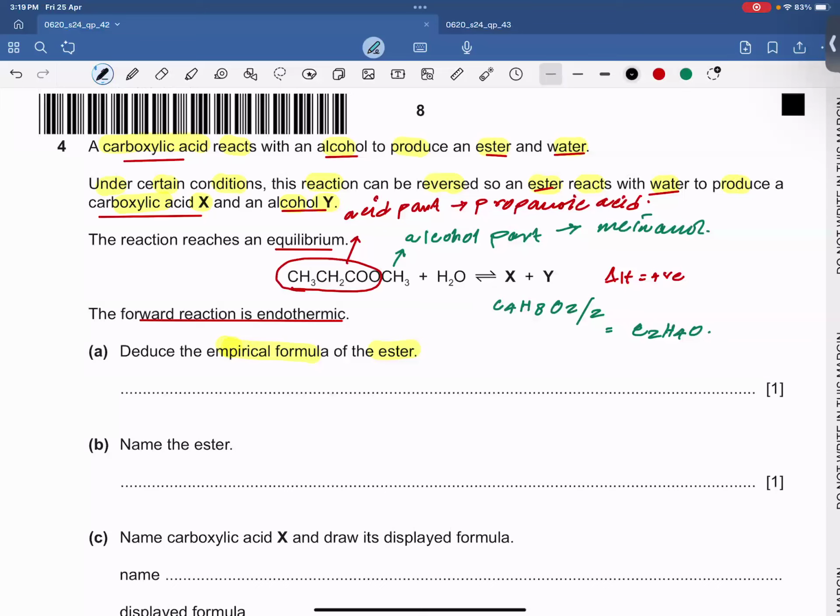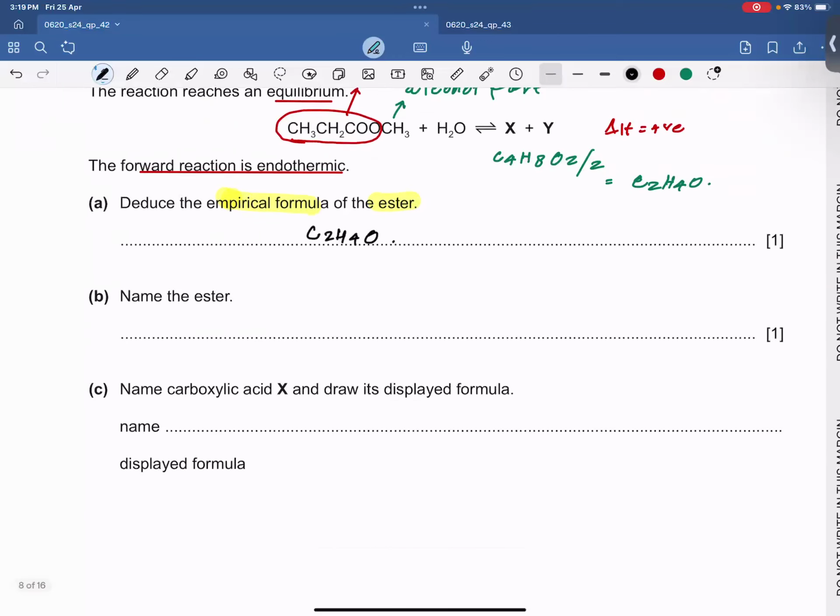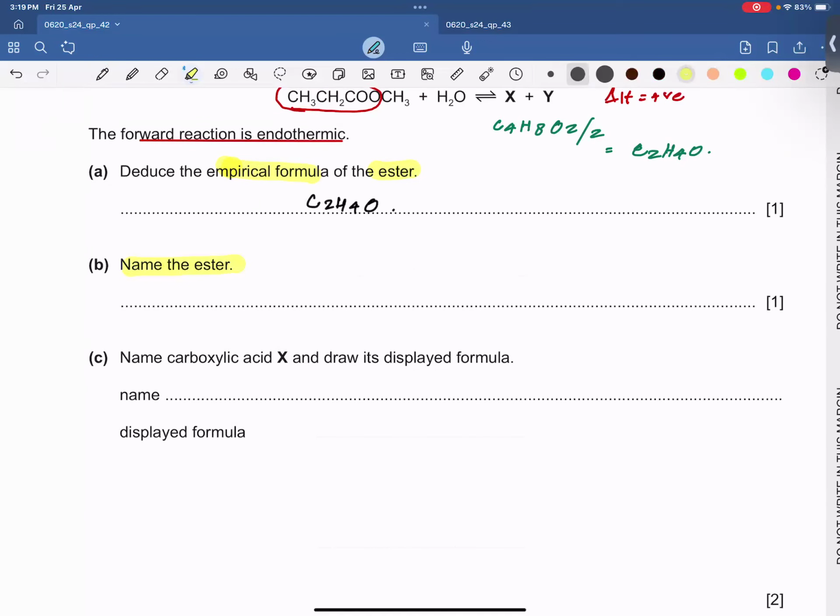So C2H4O is basically the empirical formula, because half of the molecular formula is the empirical formula. Name this ester. To name it, first the alcohol part, then the acid part. So this is methyl, this is propanoic. The compound's name is methyl propanoate.